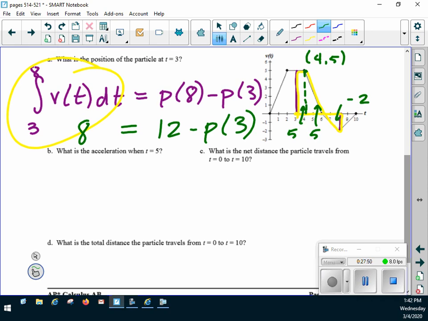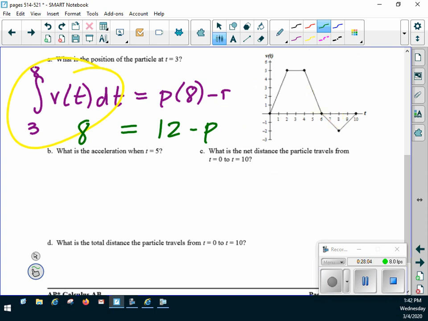Part B, what is the acceleration when t is 5? The derivative of velocity is acceleration. How do I find the acceleration when t is 5? Yeah, the slope of that side. It's the slope of the tangent line, good.